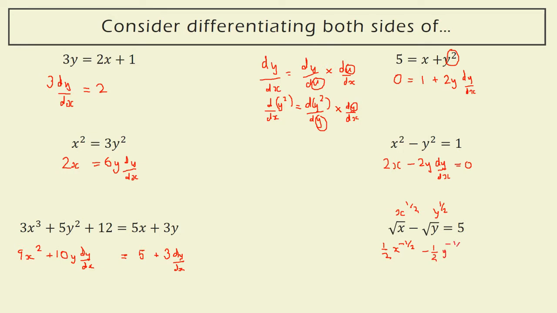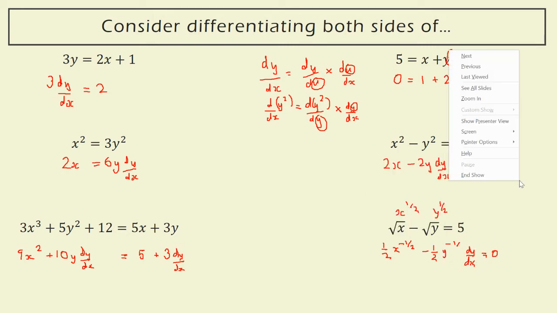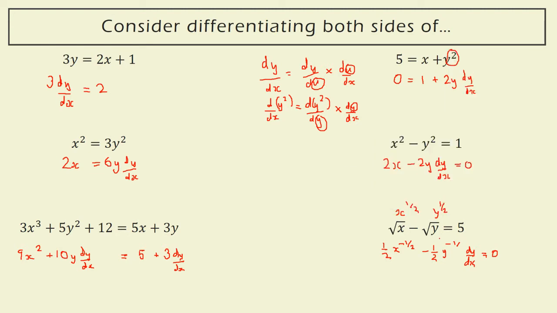And then we remember to put our dy by dx on the end. Our dy by dx goes on the end, and we had a constant on the right hand side, so that bit gives me a 0. Let's bring that back so that I can just put the 2 back that was there.